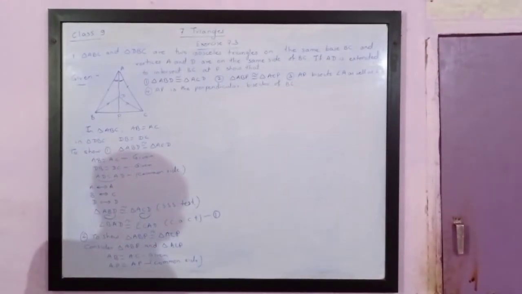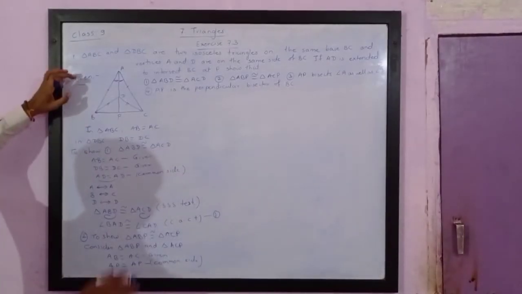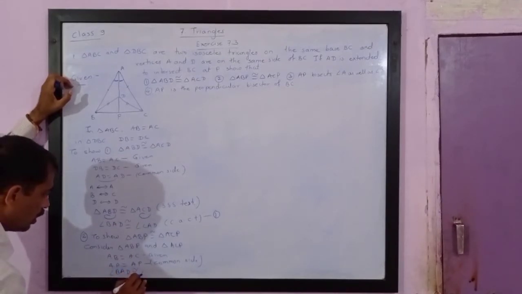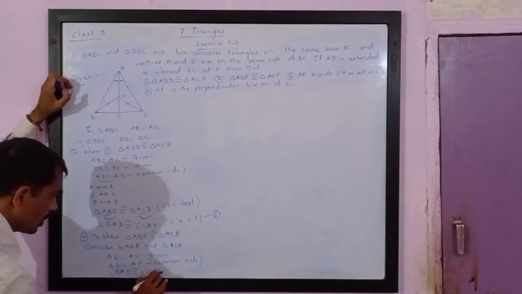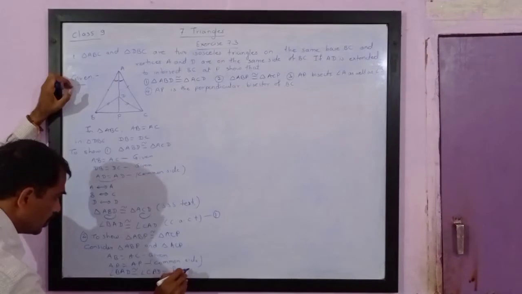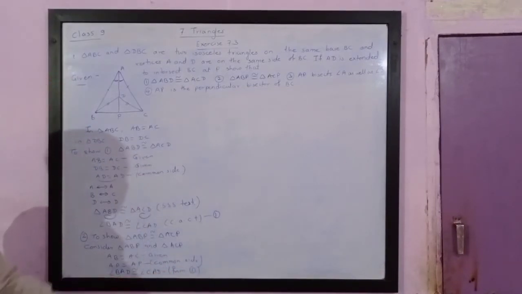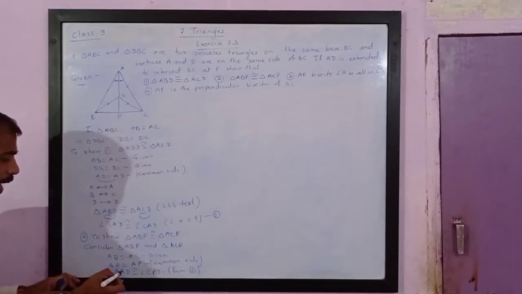But for that, we need to write one-to-one correspondence. Before that, let us write this result. Angle BAD is congruent to angle CAD. That is from result 1. Now, let us write one-to-one correspondence of this. Please note, from angle it is easier.